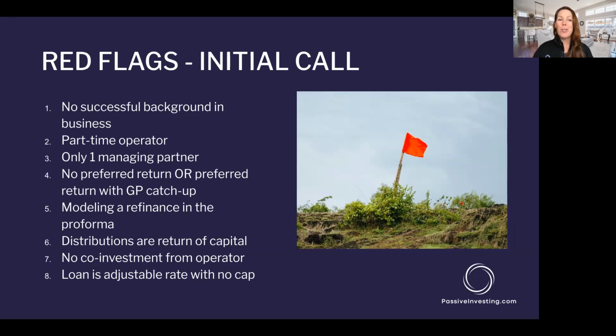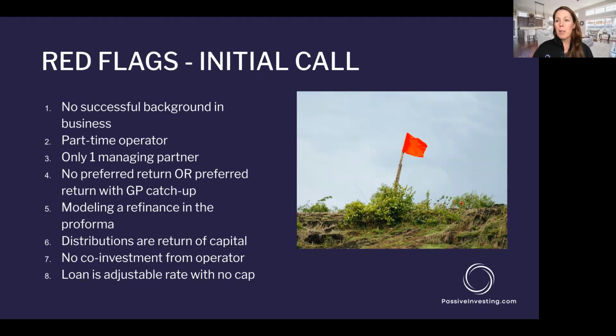Ask them if their distributions are a return of capital or a return on capital. One letter difference there, of and on, but that can really impact the actual return you get as a limited partner. Okay, are they co-investing in the deal? Sometimes early operators don't have the pocketbook to co-invest in all of their deals.